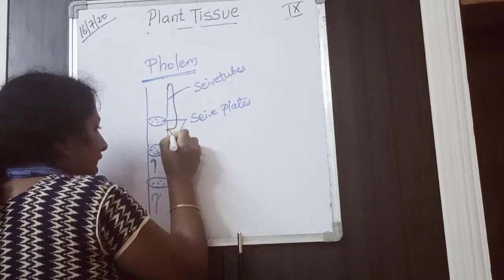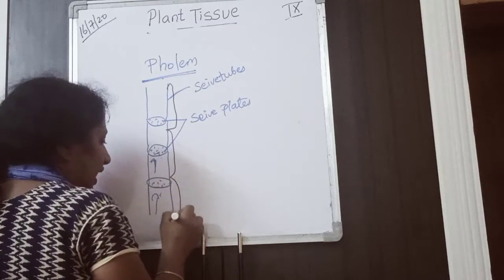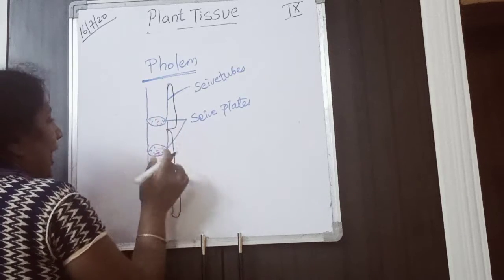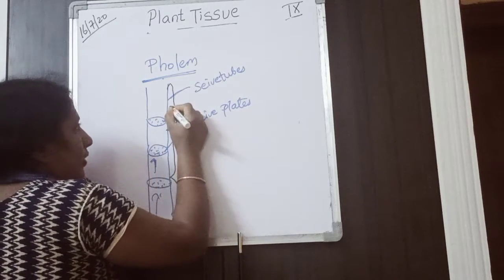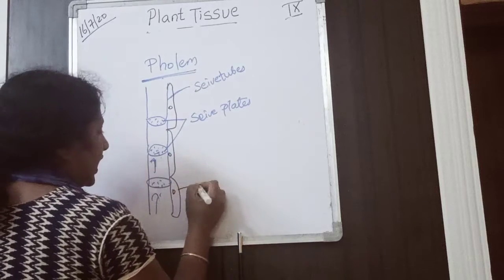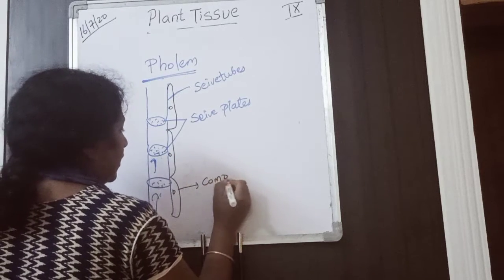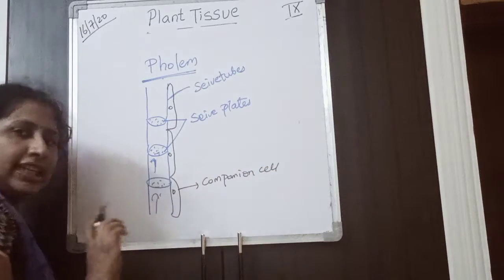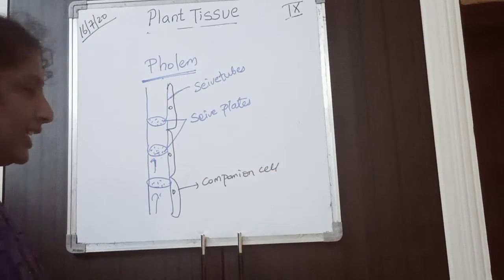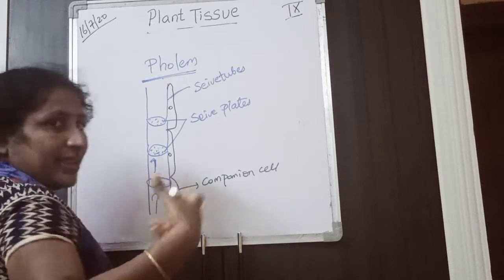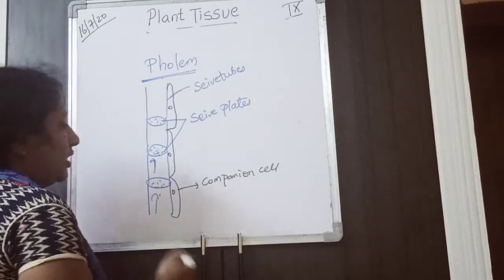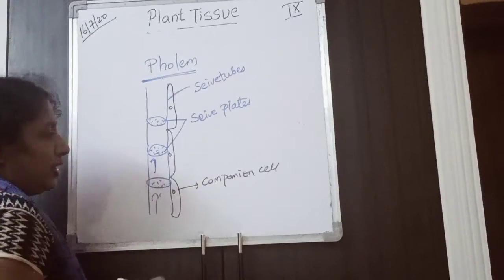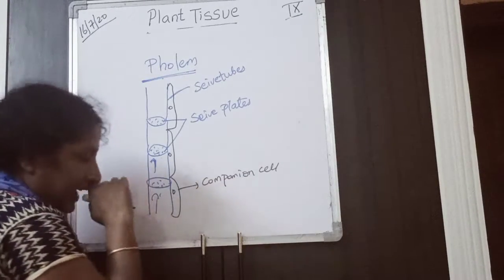Each sieve tube will have a companion cell, like a friend. Companion means close, a friend-like one. Okay? So each sieve tube has a companion cell.